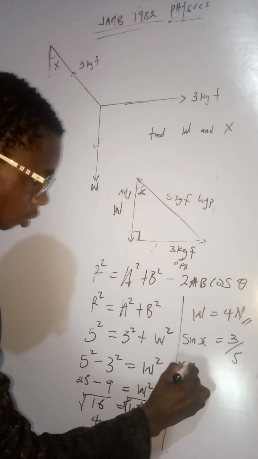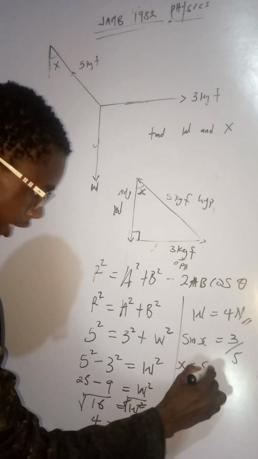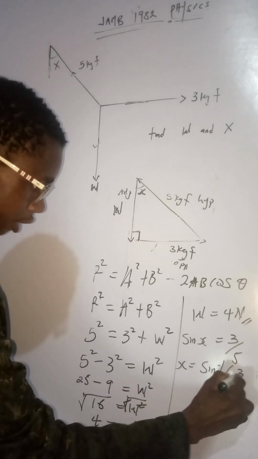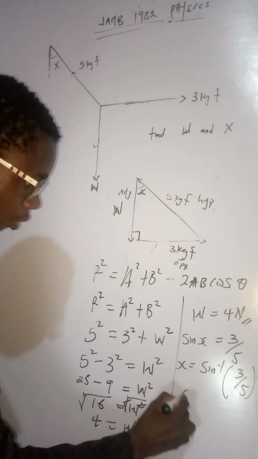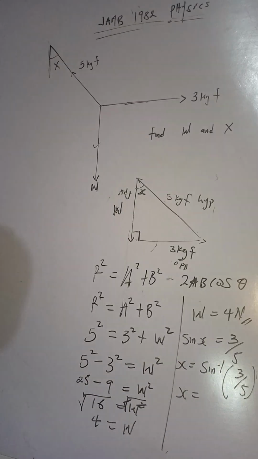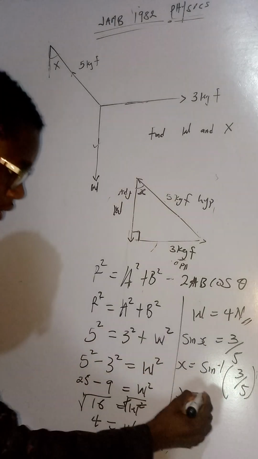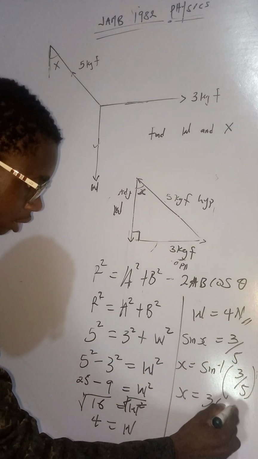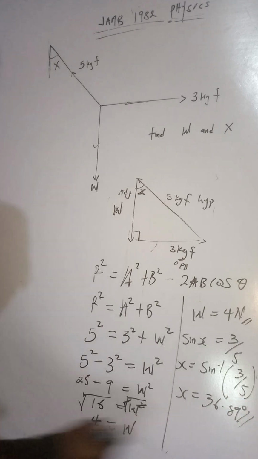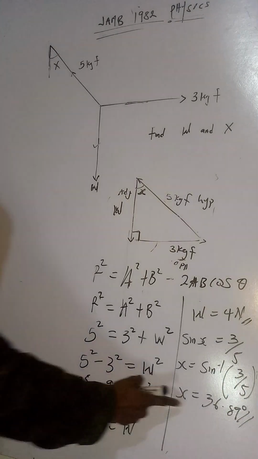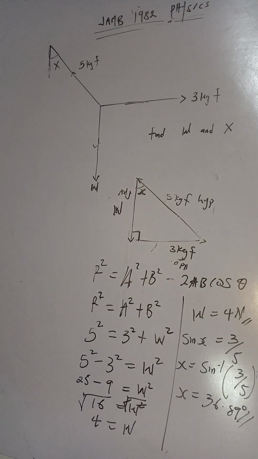So x equals sine inverse of 3 over 5. When you do the math here, we get 36.89 degrees, and that will be our answer for x. This is x and this is W.